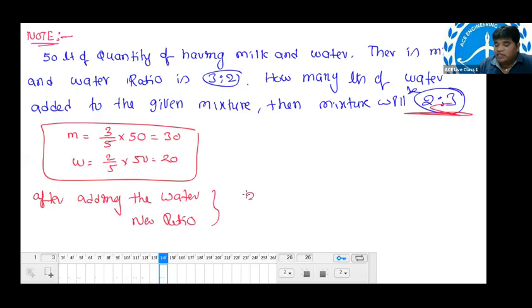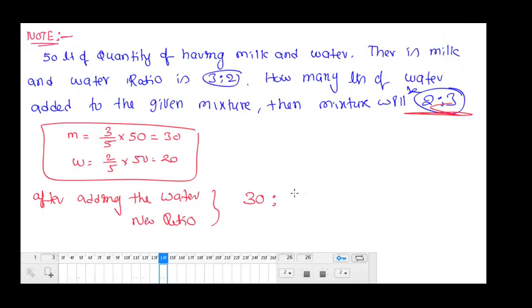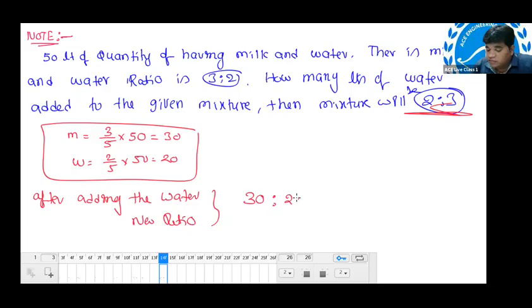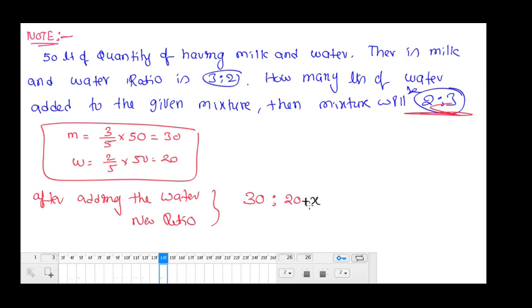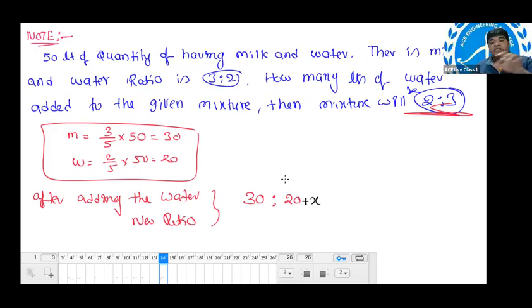Initially milk is 30 liters. Is there any change in the milk? No, sir. Water is initially 20 plus some quantity added, which is x. So this is the new ratio.